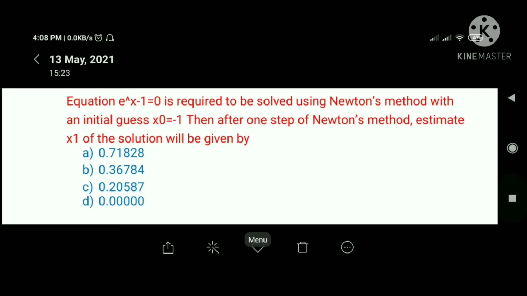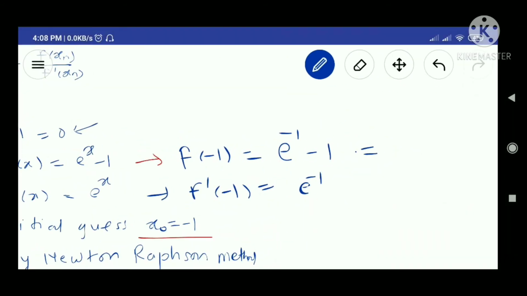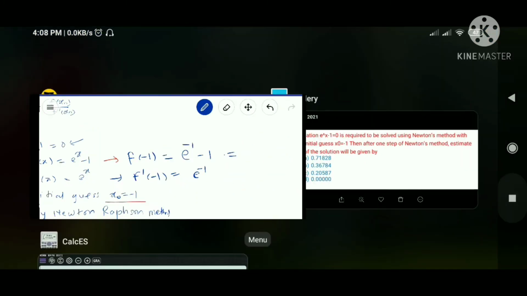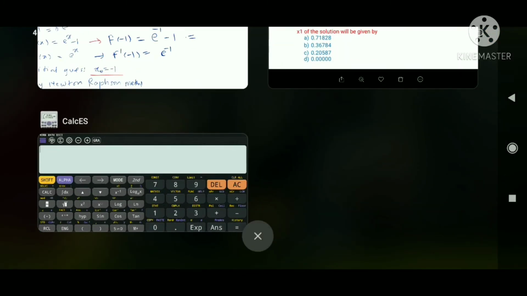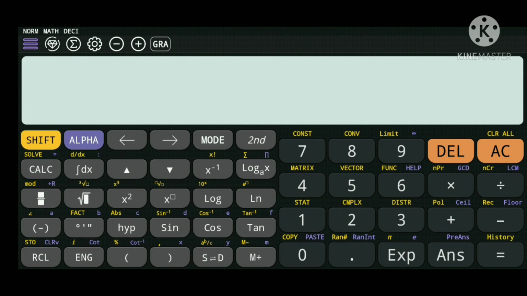See, I am going to calculate the value of e raised to minus 1 using a calculator. I am using an application. So e raised to shift e raised to minus 1. It takes the value 0.367879441117. All those digits are not necessary for our calculations.